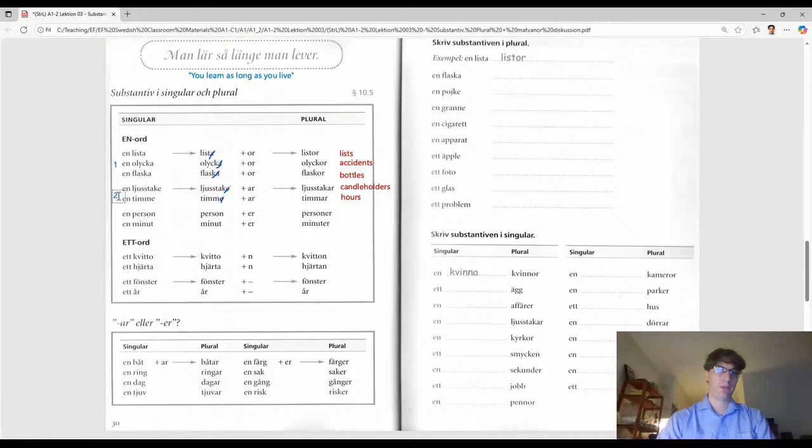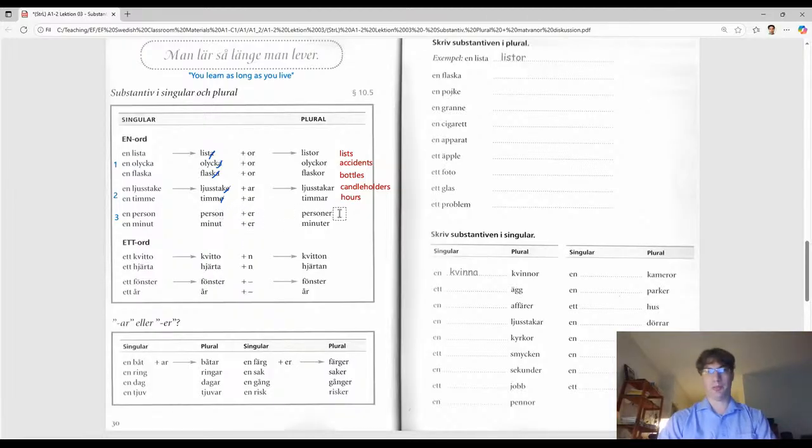And then we have the group 3 here, which is en person, and person, same as in English. Since this is the group 3 and ends on a consonant, you simply add ER here. Something you need to remember is to not strike anything here.